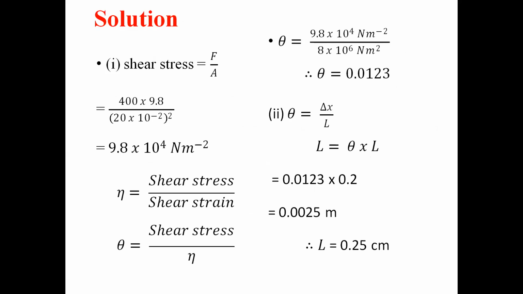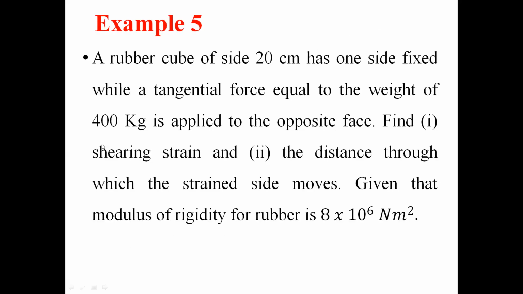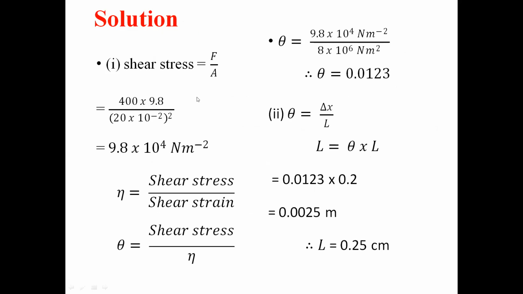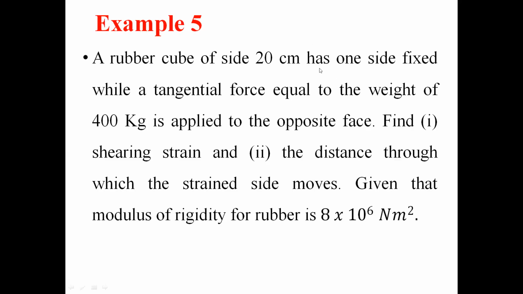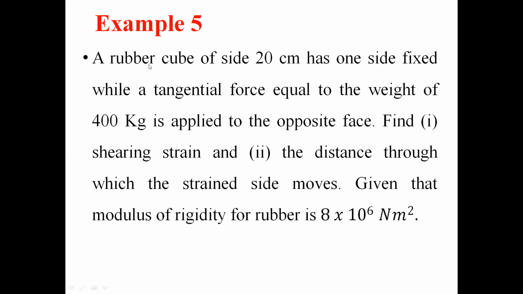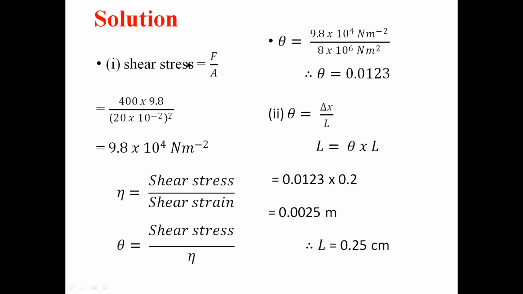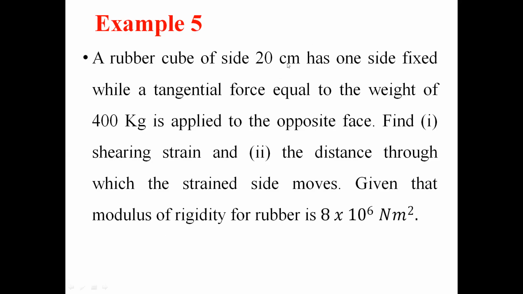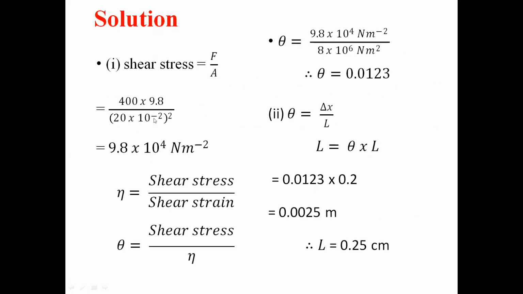See the solution. Shear stress is load by area. The load is 400 kg, converted to newtons by multiplying by 9.8. Area is 20 into 10 to the power of minus 2, that is 20 centimeters converted to meters, whole squared, since the face of the rubber cube is a square.